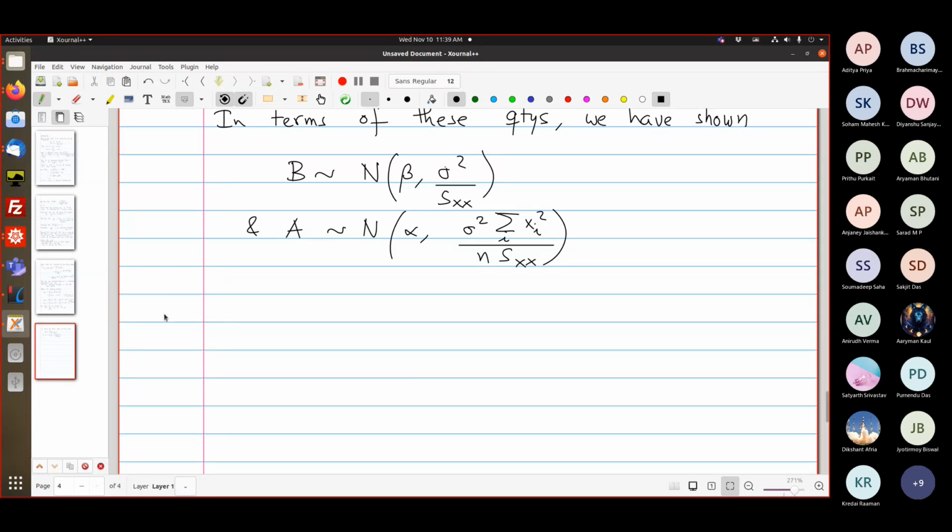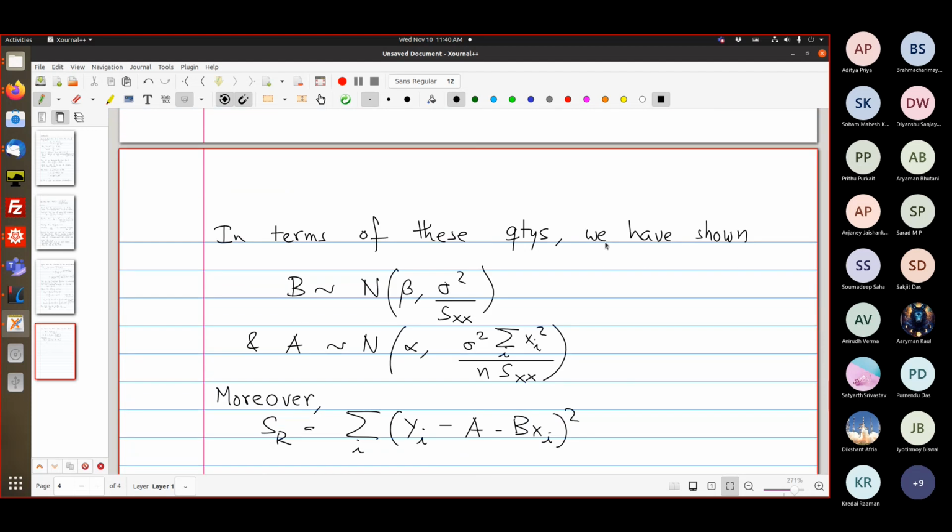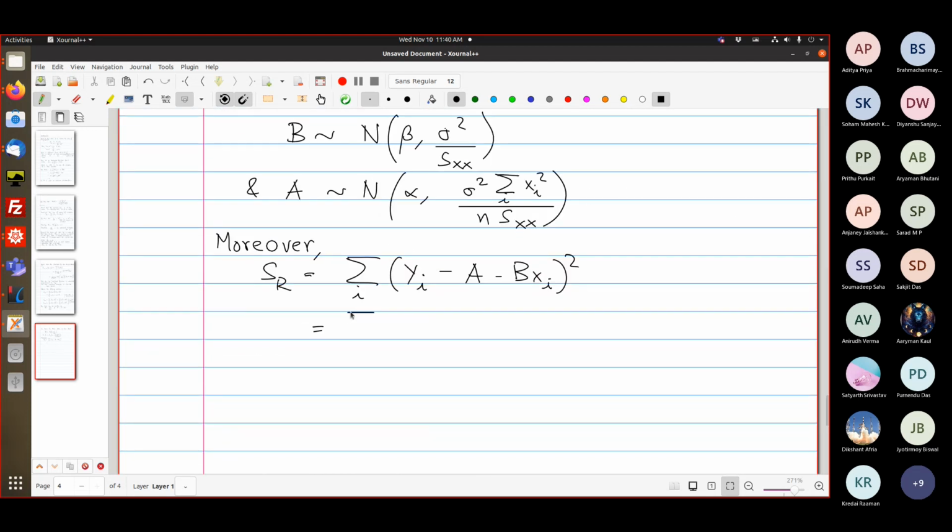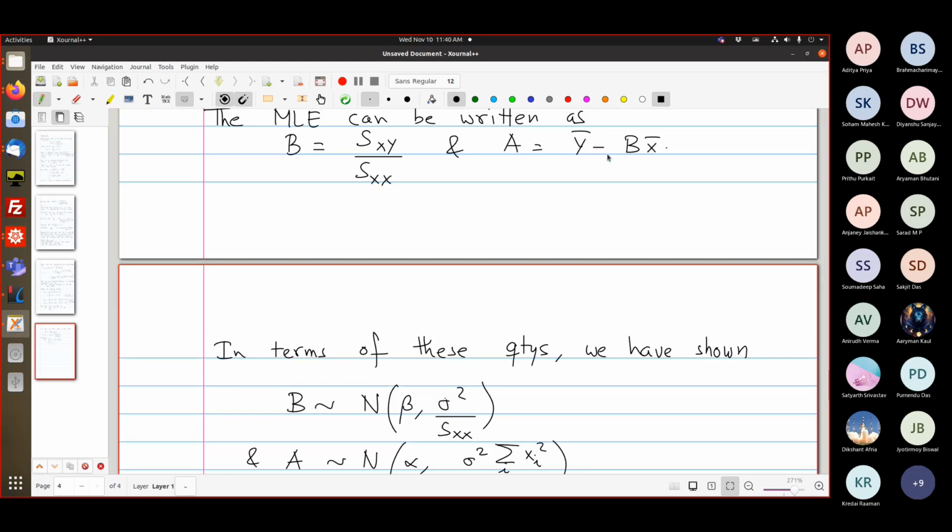So now let's look at SR. Moreover, SR is sum over i of yi minus a minus b xi whole squared. And now I substitute a and b using this notation. So this is sum over i; a is y bar minus b x bar, and b I will substitute this.